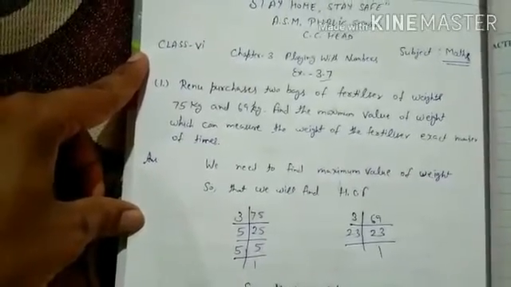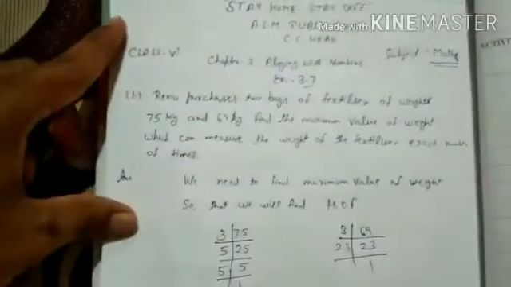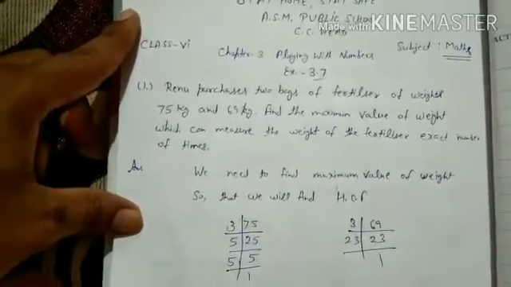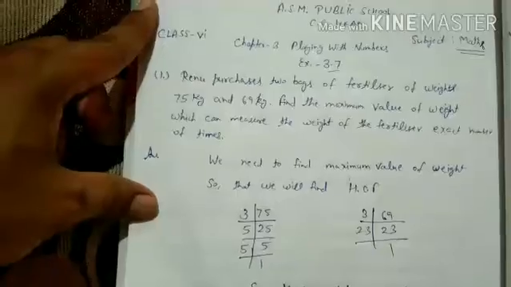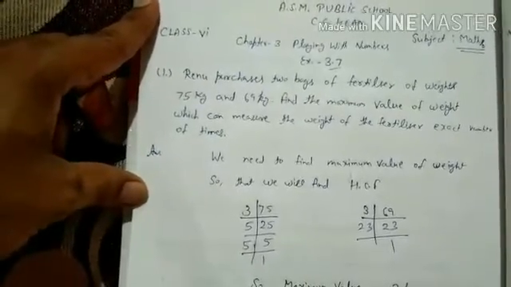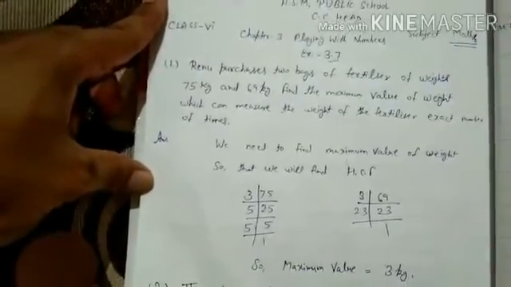Students, the word we have to highlight here is maximum, and I already told you that on the word maximum we have to find HCF. So we have to find the HCF of the two numbers 75 and 69.